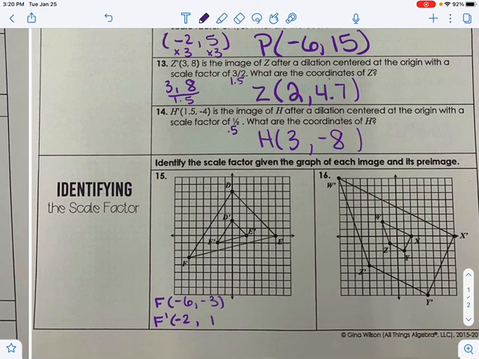So first, I'm going to look at, did it get bigger or did it get smaller? And the shape did go from big to small, so I do know I'm going to have a fraction. So I'm going to start by putting my 1 over the fraction bar.